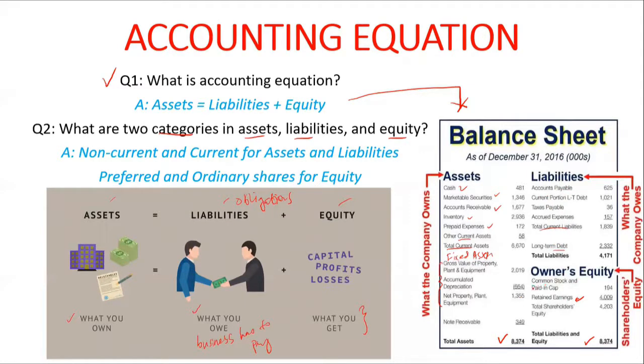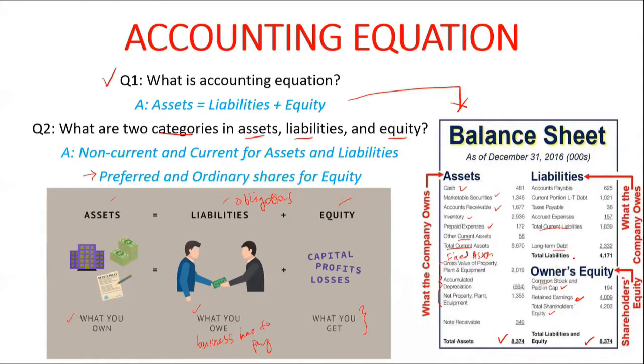Then within equity, we have two different types I have mentioned here, which are preferred and ordinary shares. So common stock is ordinary stock. And then you would have retained earnings. You can watch my video on financial statements where I talk about retained earnings. Then you sum it up and calculate the total shareholders' equity.